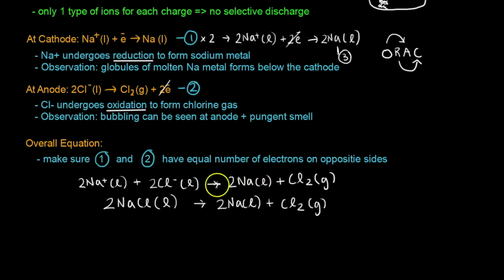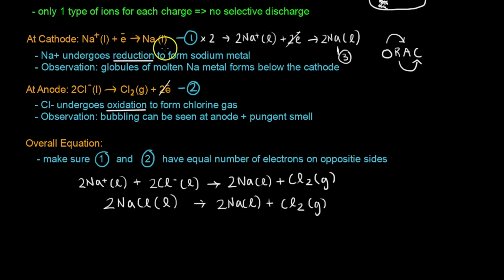Let me just do a recap for this overall equation. It may be a bit confusing. So we have established what's the cathode reaction and what's the anode reaction. The only requirement here is to make sure that both the cathode and anode reactions have the same number of electrons in their own individual reaction. In the cathode, on the left hand side, there's only 1 electron. In the anode, there are 2 electrons already.